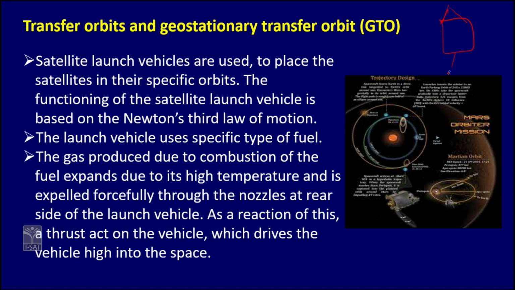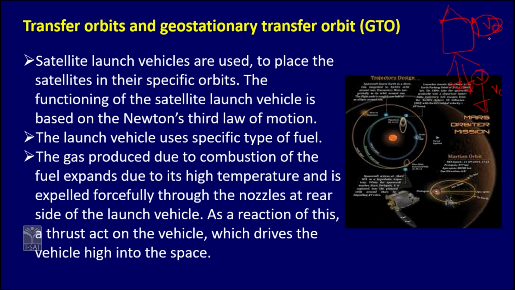If a gas comes out of this rocket with some velocity v, then this rocket will also move with a velocity v, and this v is actually the reaction. Because of burning the fuel, the gas comes out with a particular velocity v.